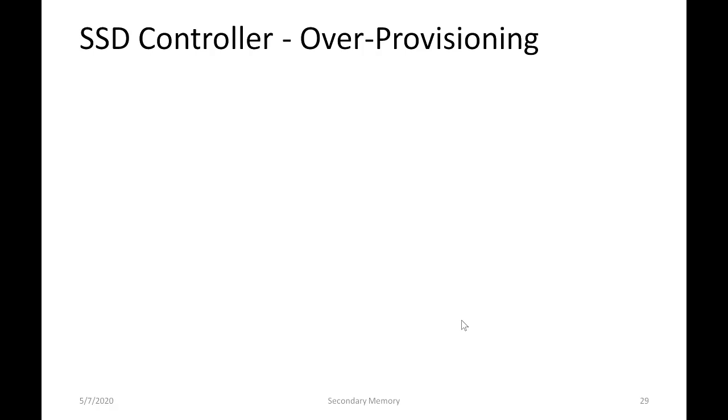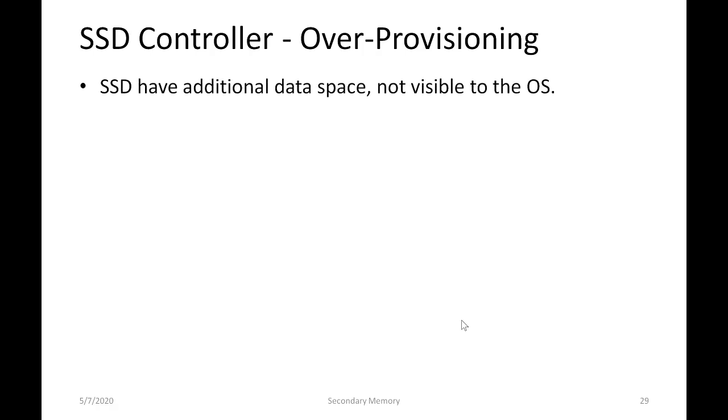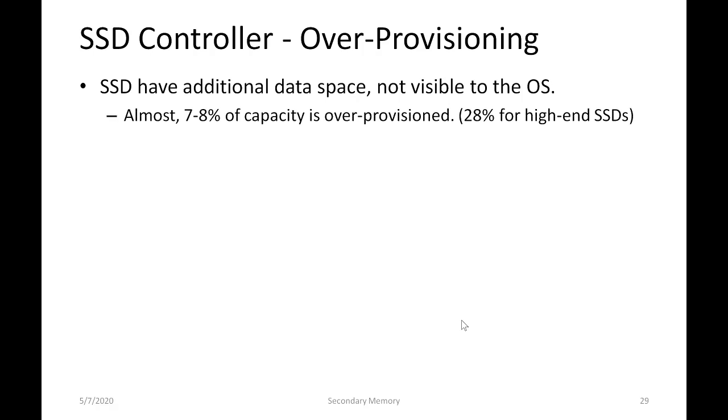Another feature of the SSD controller is to handle over provisioning of the flash memory. Usually when an SSD is purchased, the actual physical space that's on the SSD is much higher than what's visible to the OS. Typically 7 to 8% of capacity is over provisioned, and for high-end SSDs it's almost 28%.